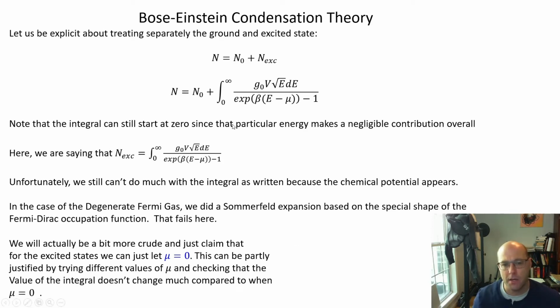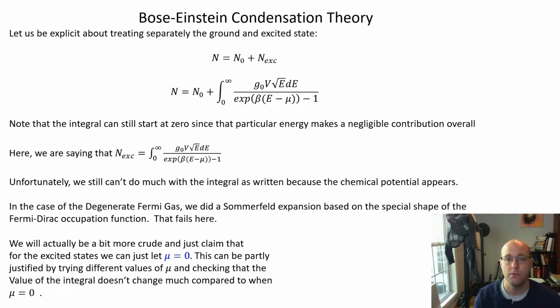If you substitute some typical values of mu, the differences in the value of the integral that you would get compared to some value that's not 0 and 0 are going to be quite small. So again, within this integral, this approximation is quite good. We are not saying that mu always equals 0 for Bose-Einstein condensation.